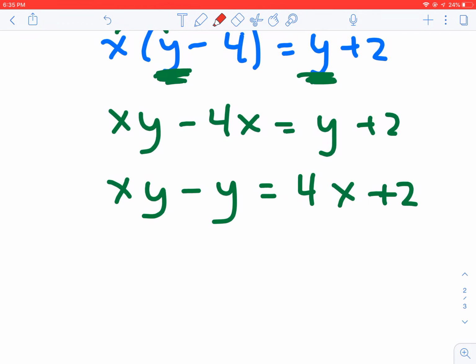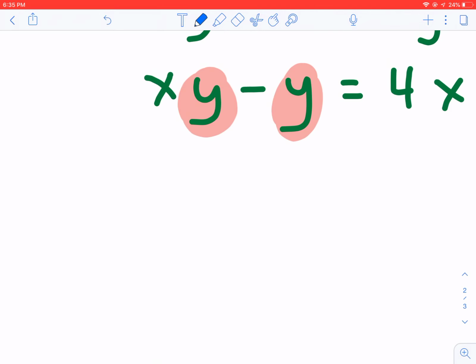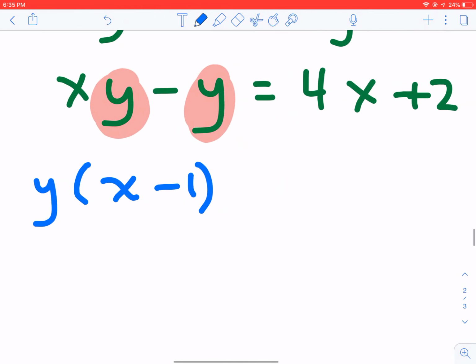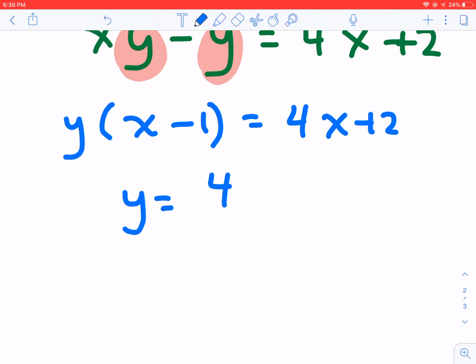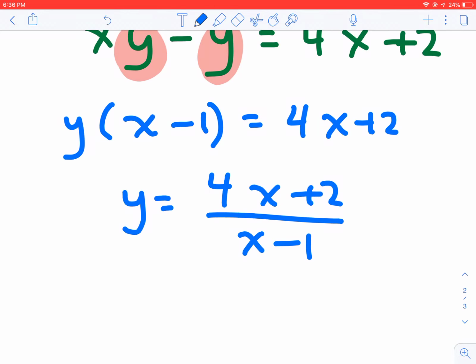And now that the y's are both on the same side, think about what we can do to isolate for y. That's right, we can factor it out. Y times x minus 1 equals 4x plus 2. And if you divide both sides by x minus 1, we get 4x plus 2 over x minus 1.